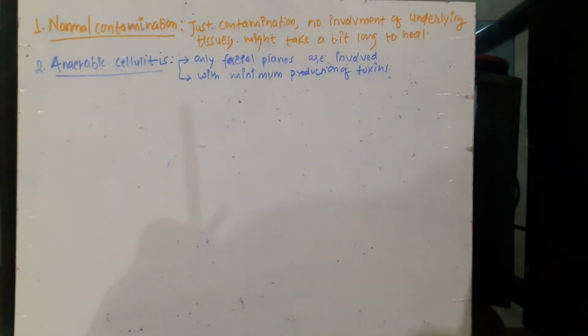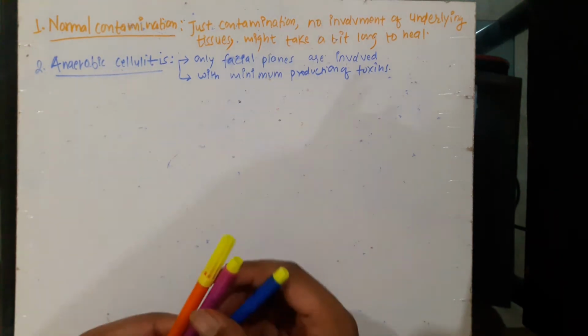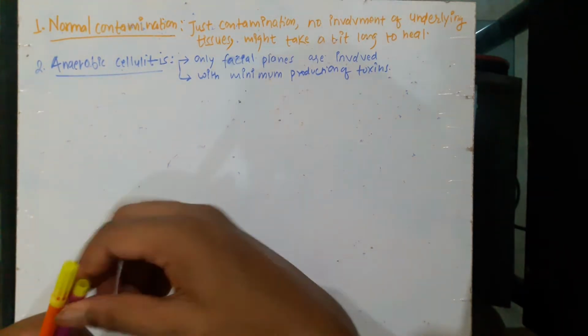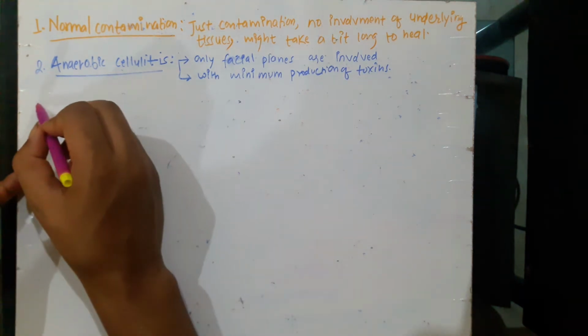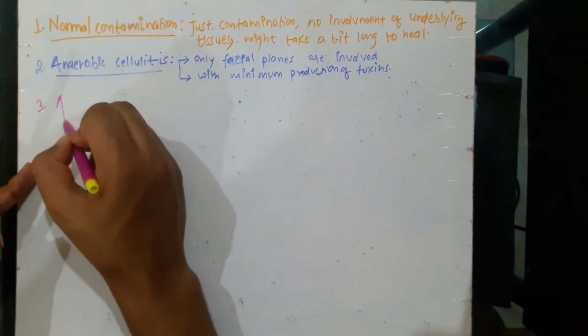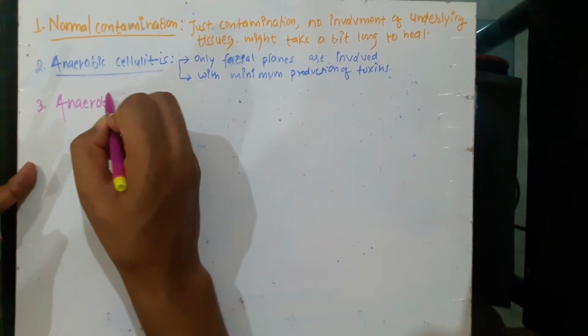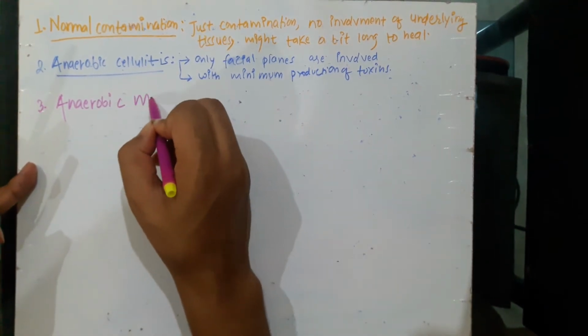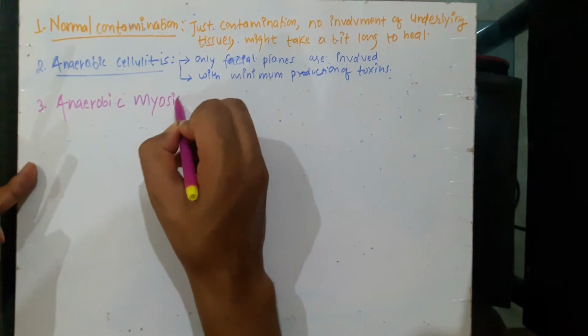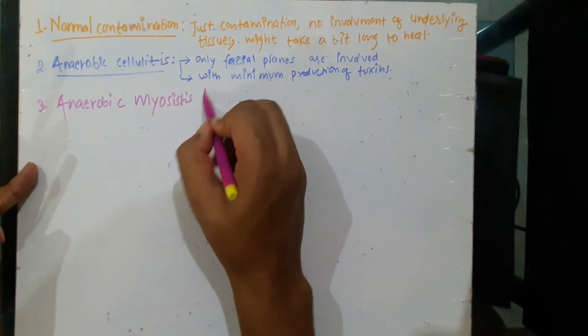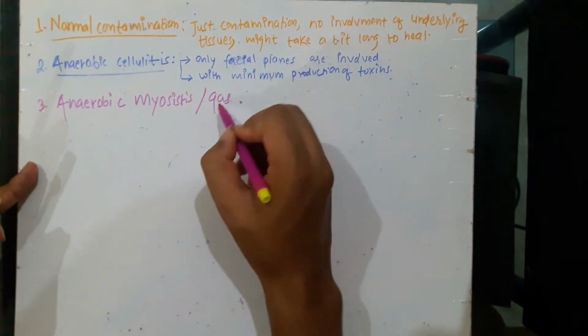Now the most important and the most serious one, that is anaerobic myositis or gas gangrene. So the third, anaerobic myositis or gas gangrene.